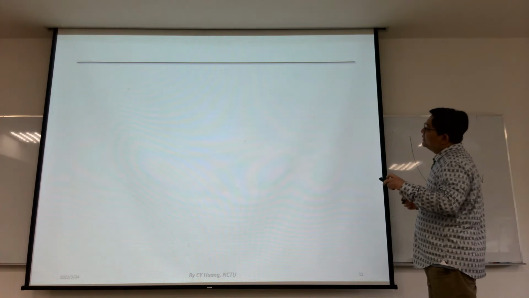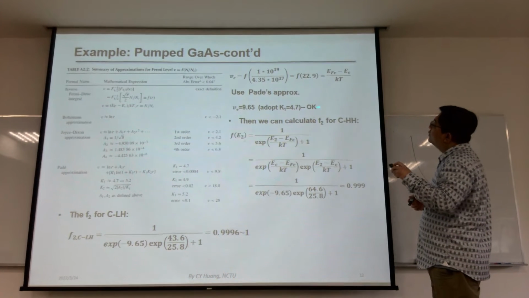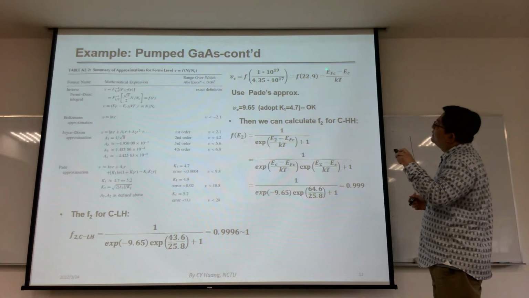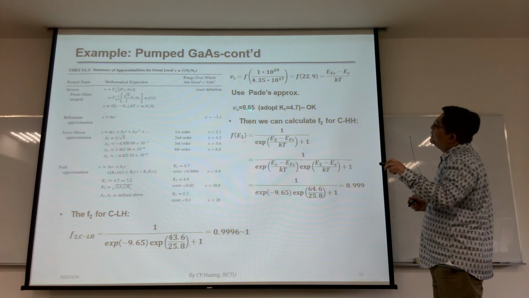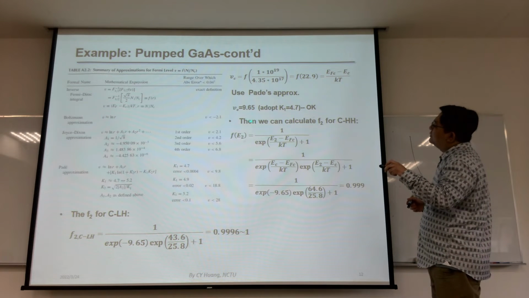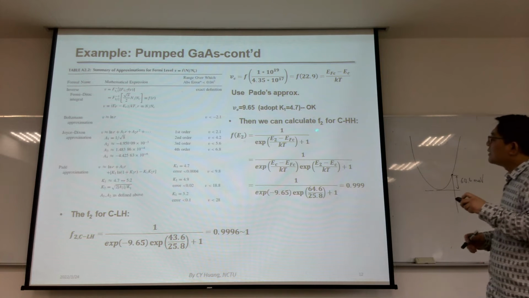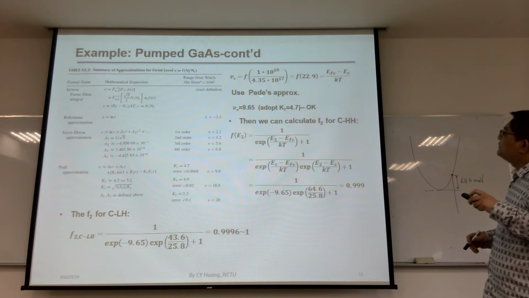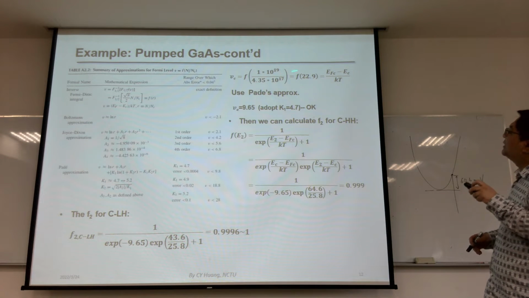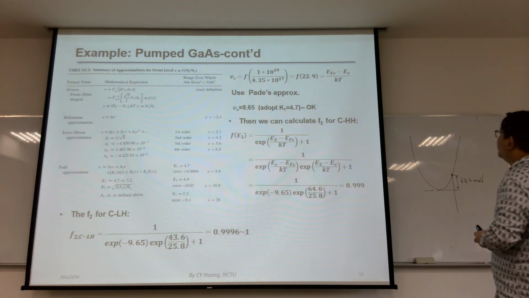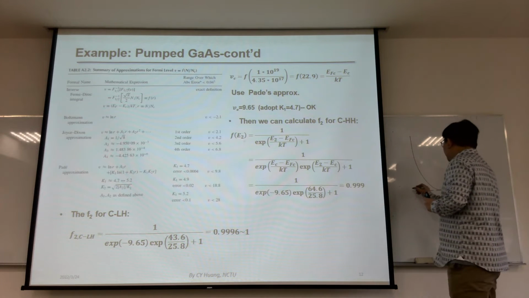And given the carrier density, you will get the BE is 9.65. So the 9.65 is actually already good enough because we already know what the position of EFC is.